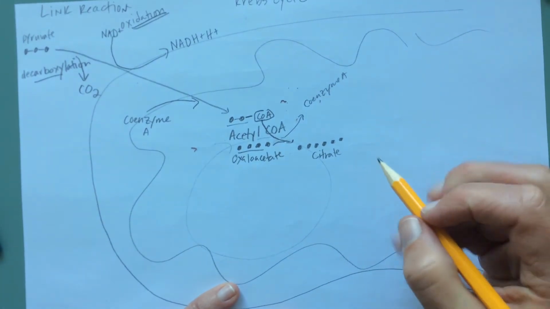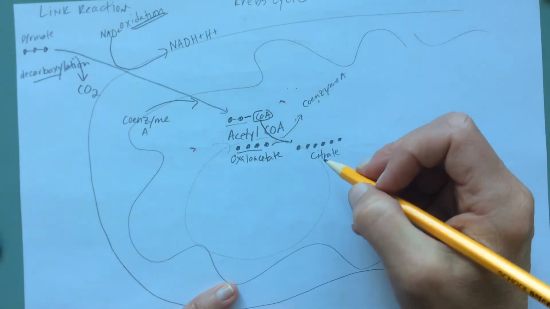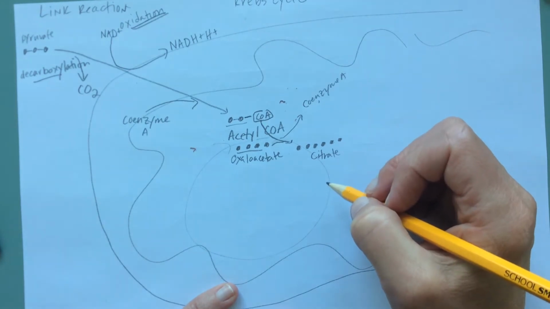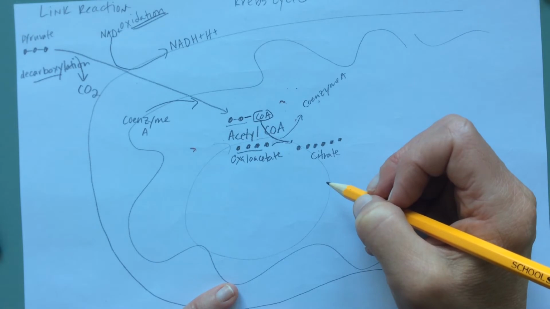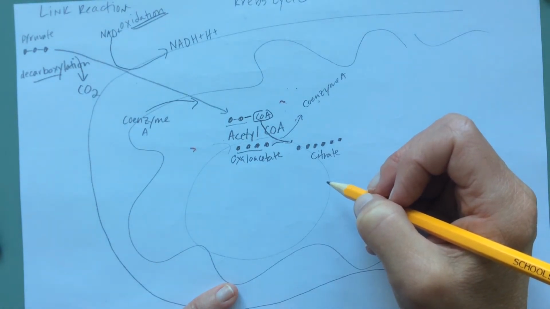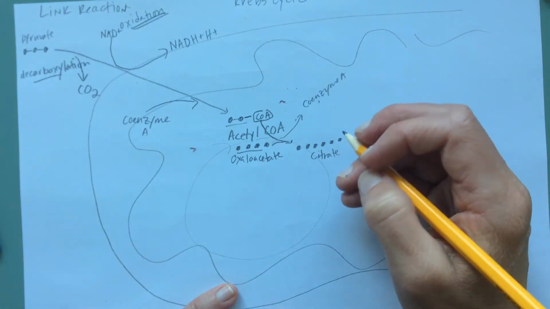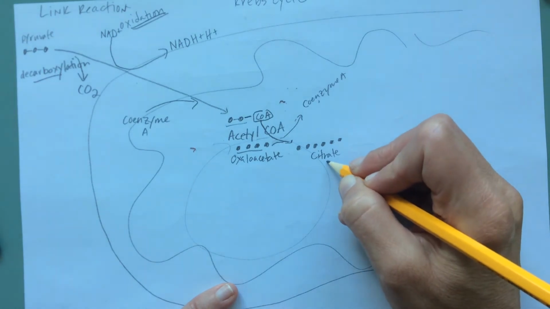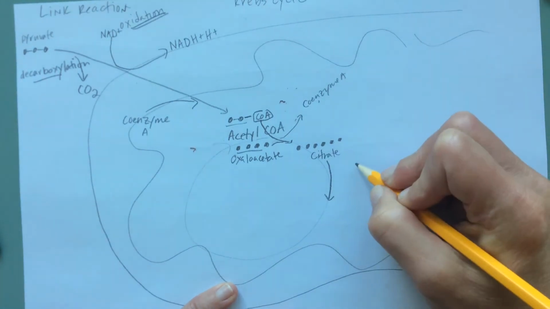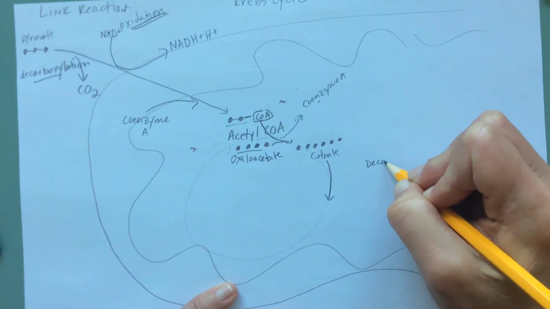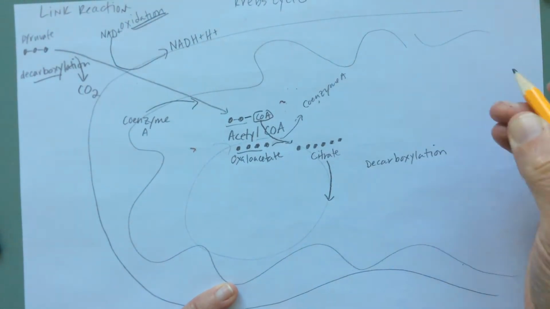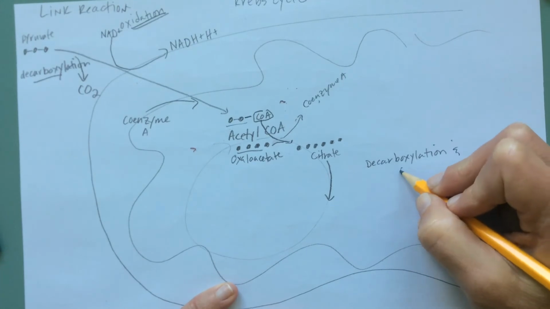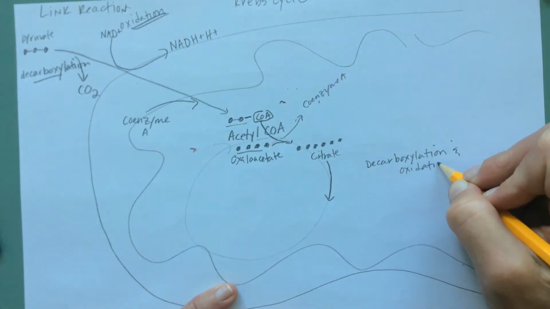Now, that citrate is going to go through a series of steps of decarboxylation and oxidation. The oxidation is going to create electron carriers, NADH, and the decarboxylation is going to result in a bunch of CO2. So first, we're going to get decarboxylation and oxidation, okay?